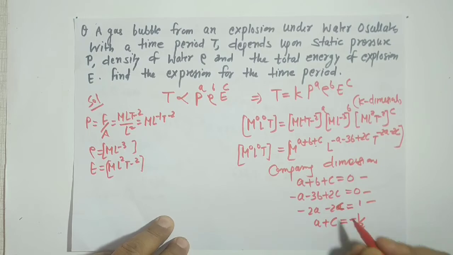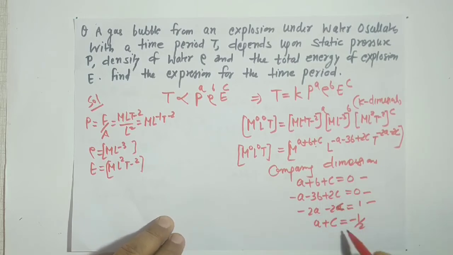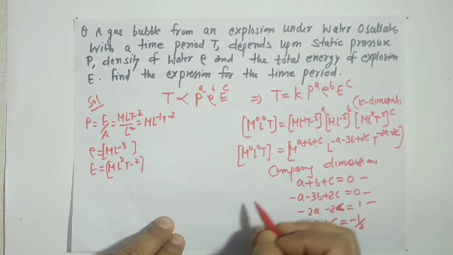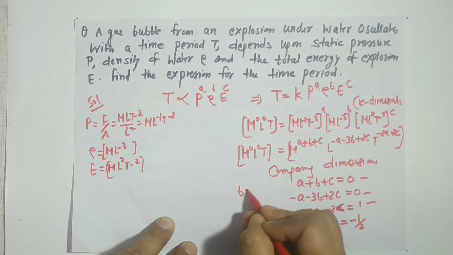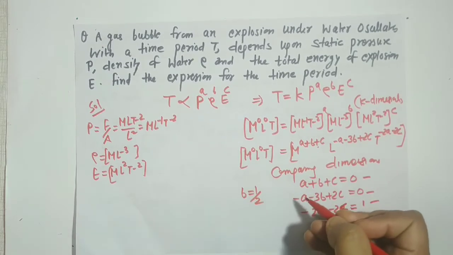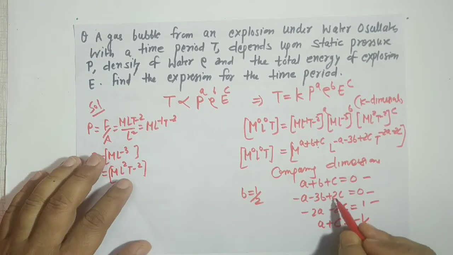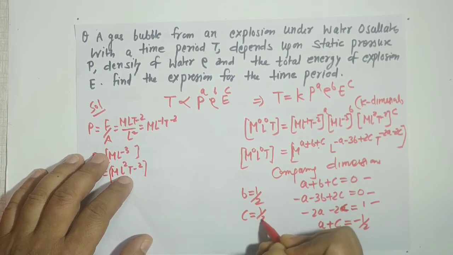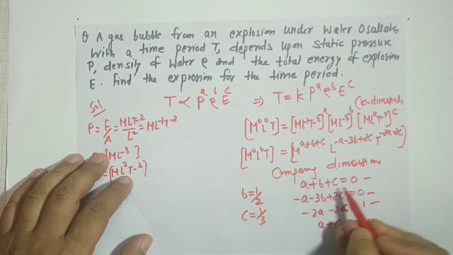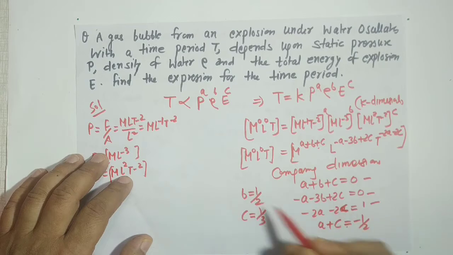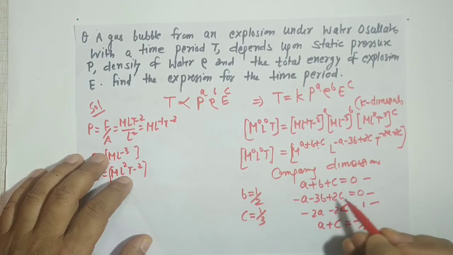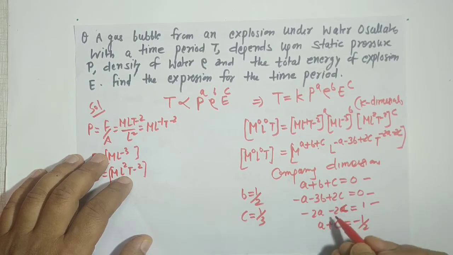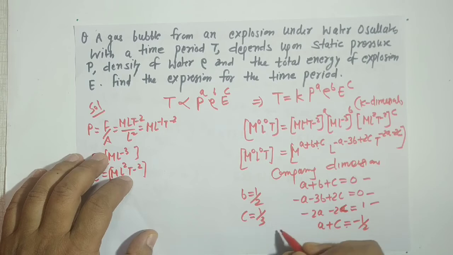You put a plus c here, and in the first equation you will get b as half. When you get b as half, you put it in the others and you will get c as 1 by 3. Then if you further solve, you will get a as minus 5 by 6.